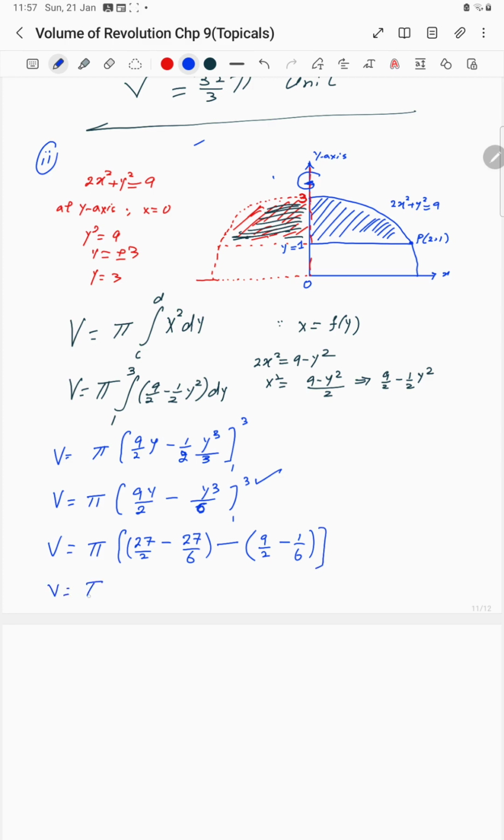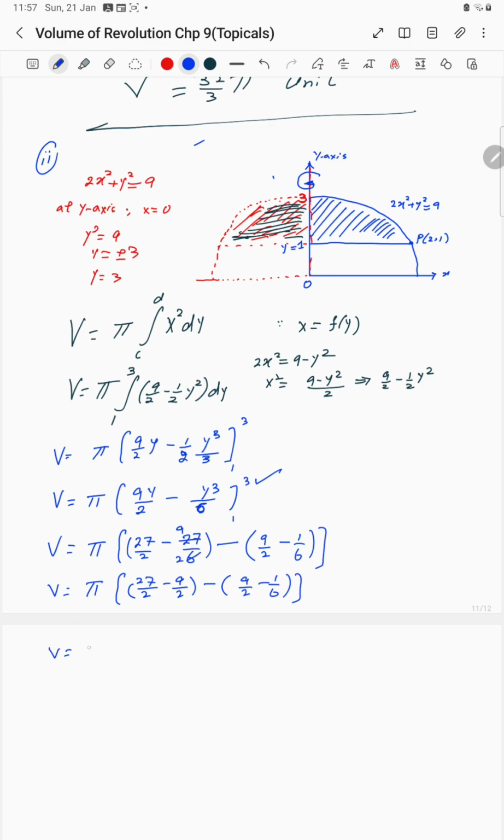We will get pi as common for all. We can simplify this: 27 by 2 minus 9 by 2 minus 1 by 6, or you can use a calculator to get your answer.